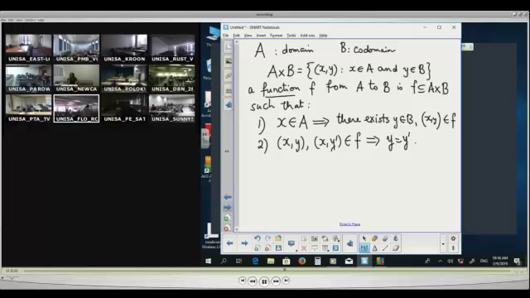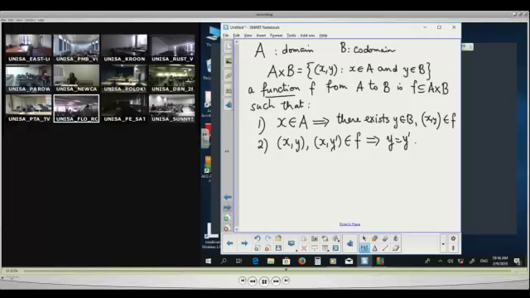Therefore, the prime has to be on the second, not on the first. Because if you took it on the first, say (x, y) and (x prime, y), you are telling me I have two inputs, x and x prime, giving me the same output. That's possible. Minus 1 and 1 by x squared goes to 1.